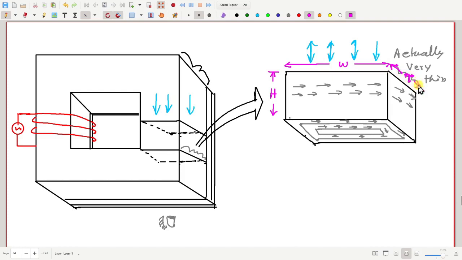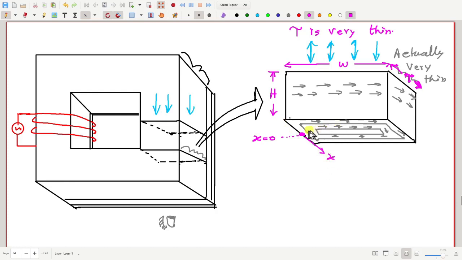Tau is the thickness. Okay, so tau is very thin. Now the midpoint of this thickness, let me label that as x equal to 0, and then you measure x in this direction. X is plus, and in the opposite direction x is negative.